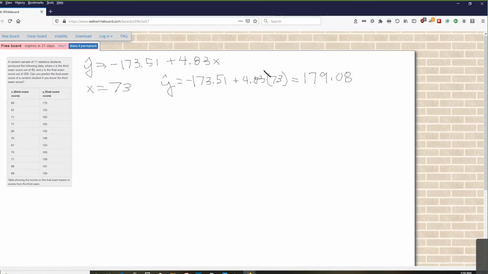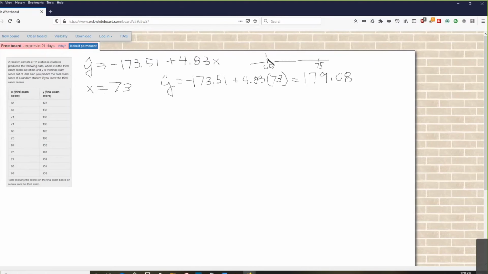So when we were dealing with our X values, we were dealing with scores between 65 and 75.